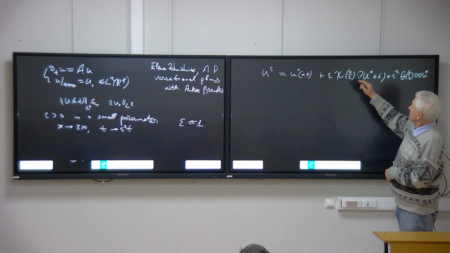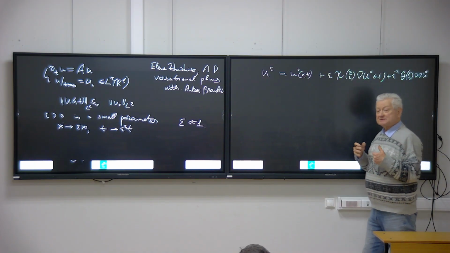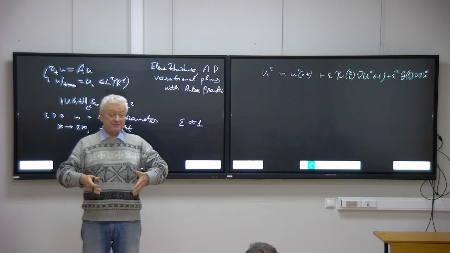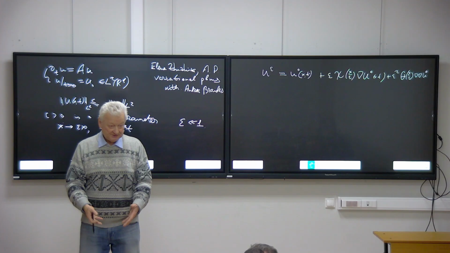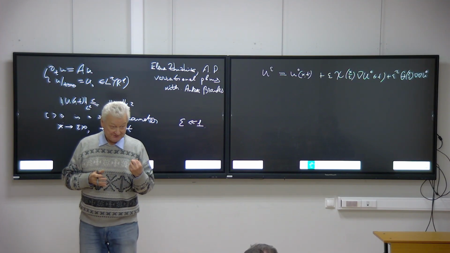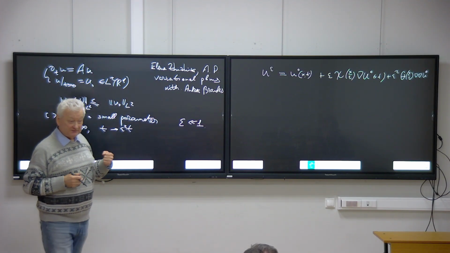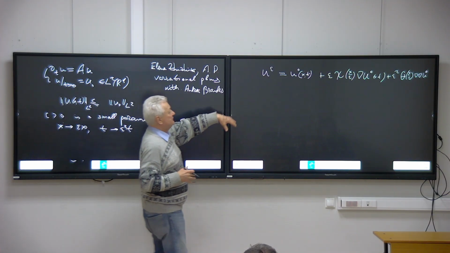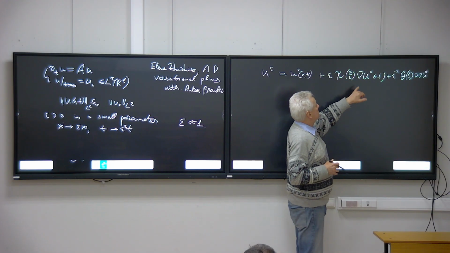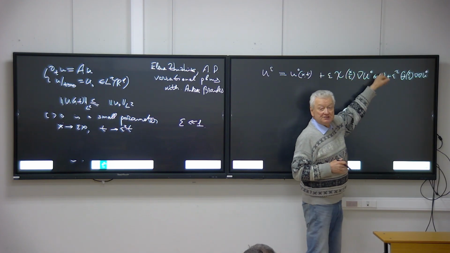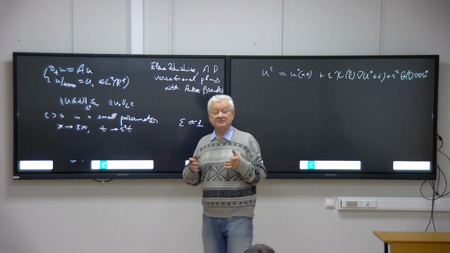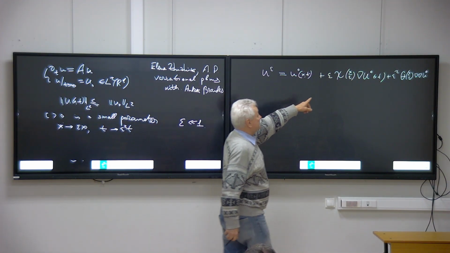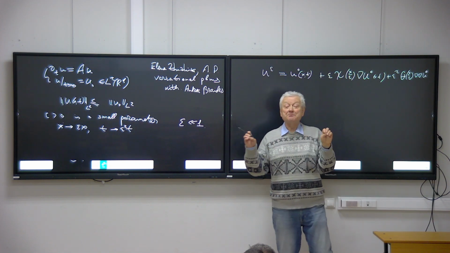The same trick is used in PDE. When we substitute this into the epsilon equation and collect power-like terms with respect to epsilon, we have an equation of the following form: some differential expression for chi multiplied by this function evaluated at x,t. The idea is to treat x over epsilon and x,t as independent variables.